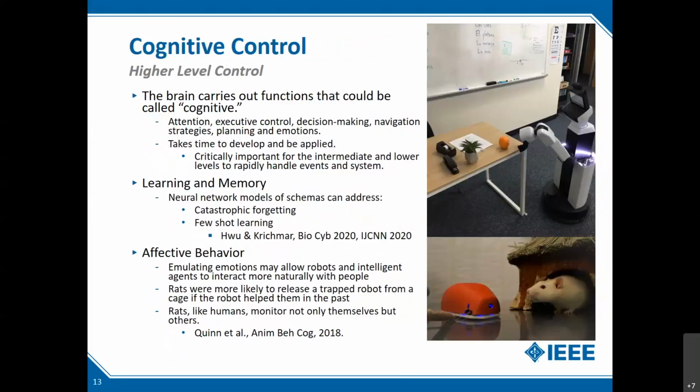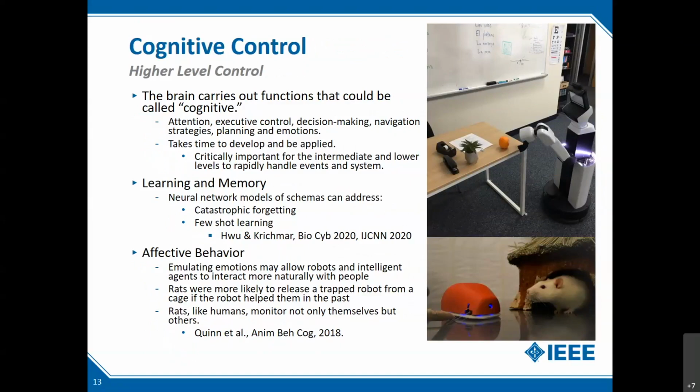Next slide, please. At the highest level, there's cognitive control. In the brain, we think of things that are cognitive, like attention, executive control, decision making, strategies, planning, and even emotion. The problem with this is it takes a lot of time to develop and apply.